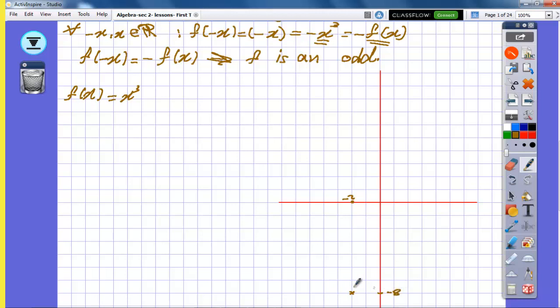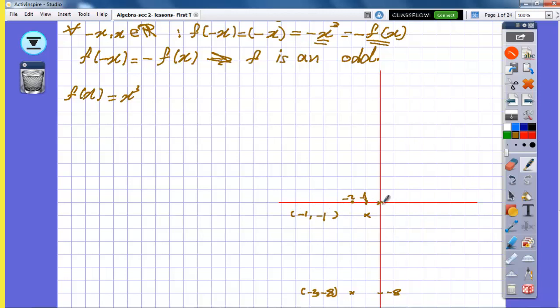So this point, negative 2 and negative 8, belongs to the curve. Negative 1: f of negative 1 equals negative 1. So the point negative 1 and negative 1 belongs to the curve.